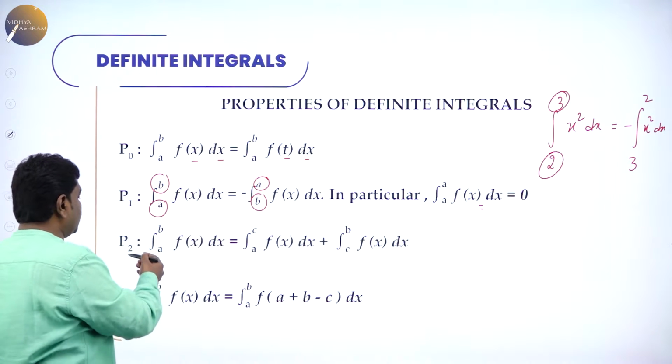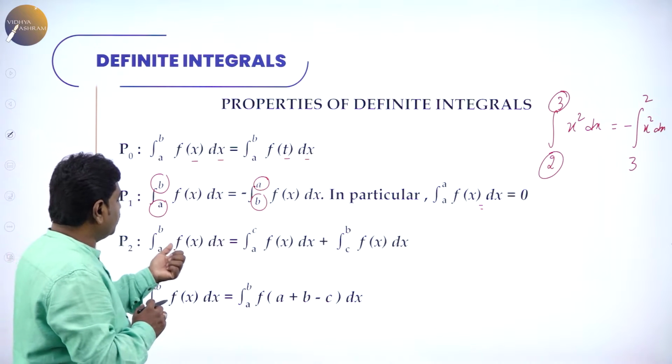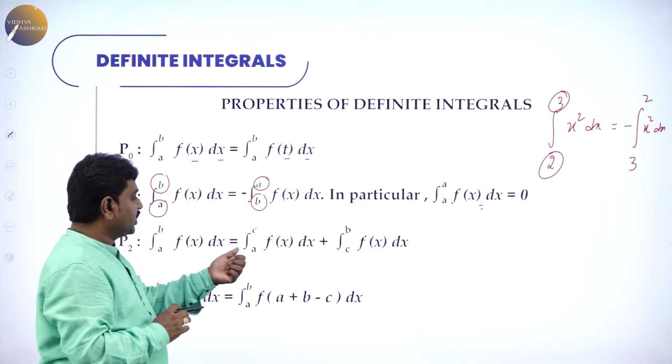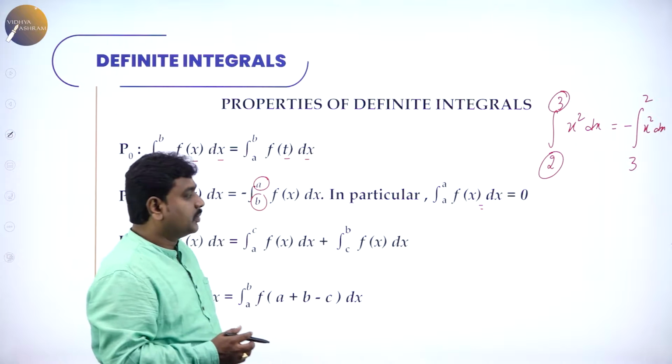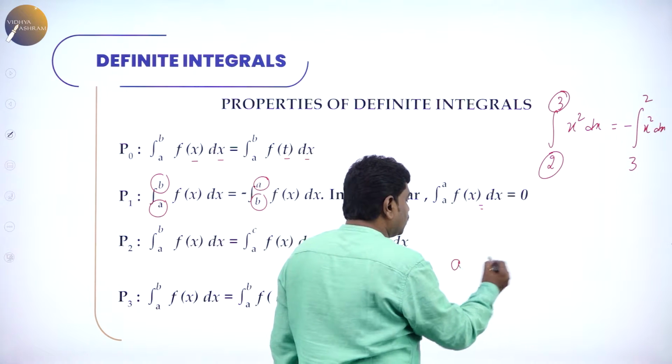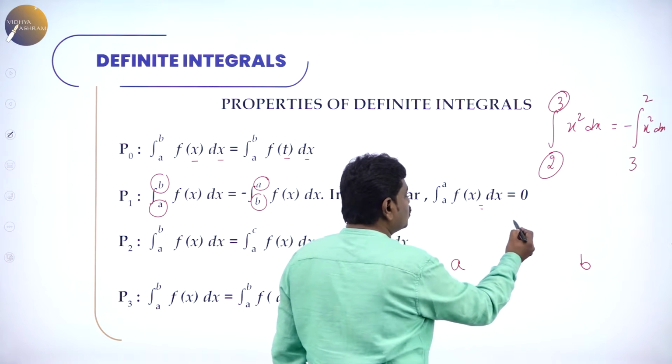Now P2. Integration a to b f of x dx can be written as integration of a to c f of x dx plus c to b f of x dx. Means a to b I can reach through c.